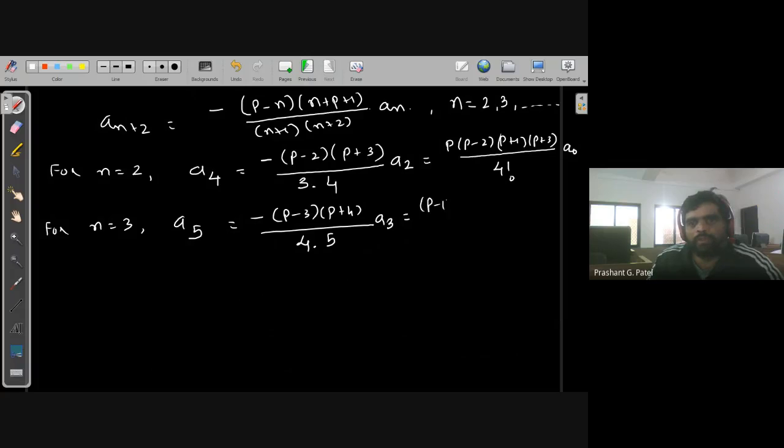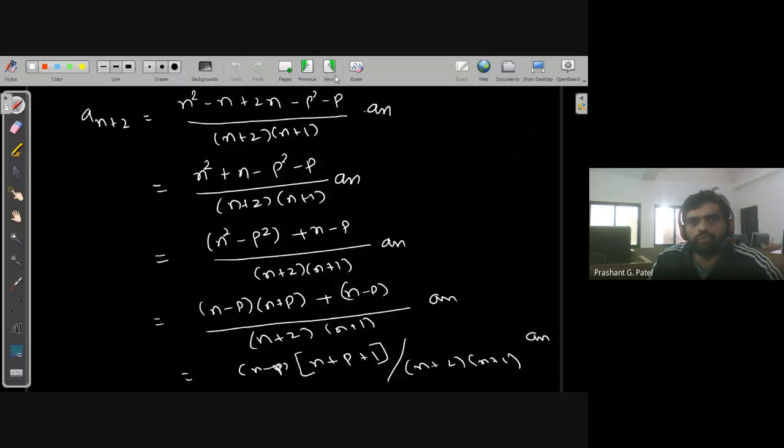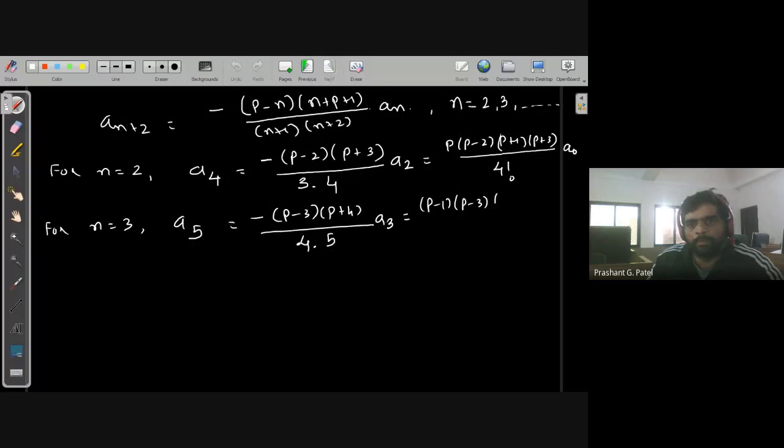We have (p minus 1)(p minus 3) and the other is (p plus 2)(p plus 4) upon 3 factorial, so it is 3 into 4 into 5, so this is 5 factorial into a1.